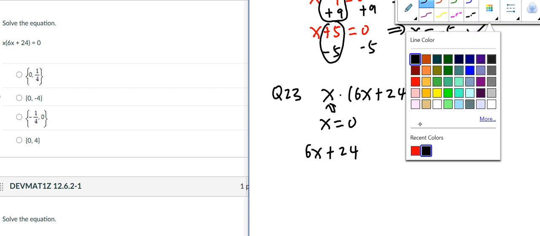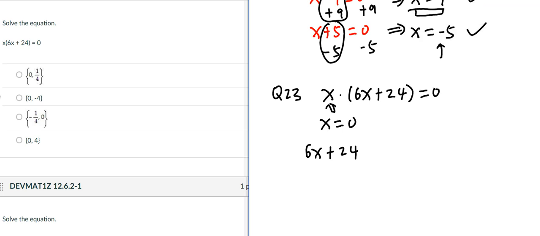Now, the first one, we already have the answer. That's the first case. Second one, this one possibly is 0. Then you subtract 24 on both sides.